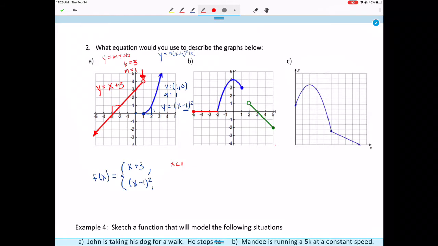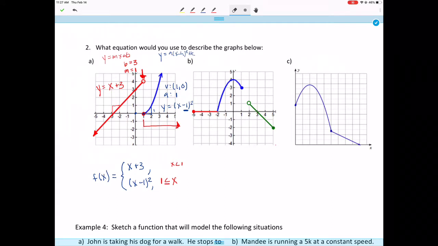Okay, the other one, the domain from here to infinity, it would start at 1, and it would be 1 less than or equal to x, because it's a filled point, and you could write it as less than infinity, but again, it's already covered.